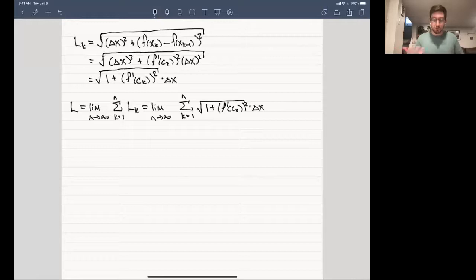Now, this is just a Riemann sum. This is a Riemann sum of the function square root of 1 plus f prime of x squared, sorry.